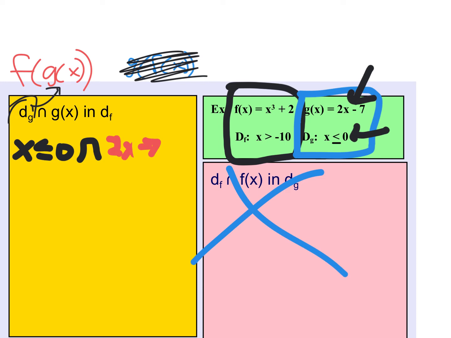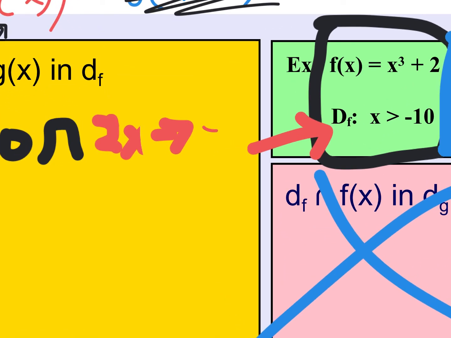And that's got to go into the domain of f, which is this one. So that's got to go into a greater than negative 10. This got a little messy, so let me erase this. So then 2x is greater than or equal to negative 3, x greater than or equal to, is it? No, it's not or equal to, I'm making that up. It's just greater than negative 3 over 2.